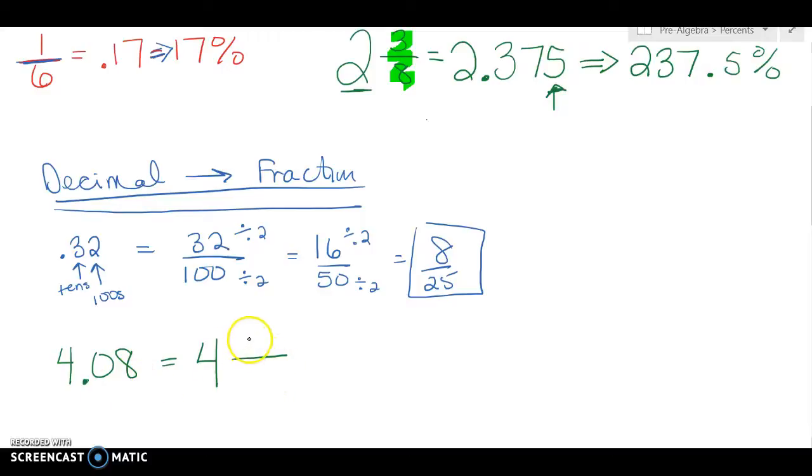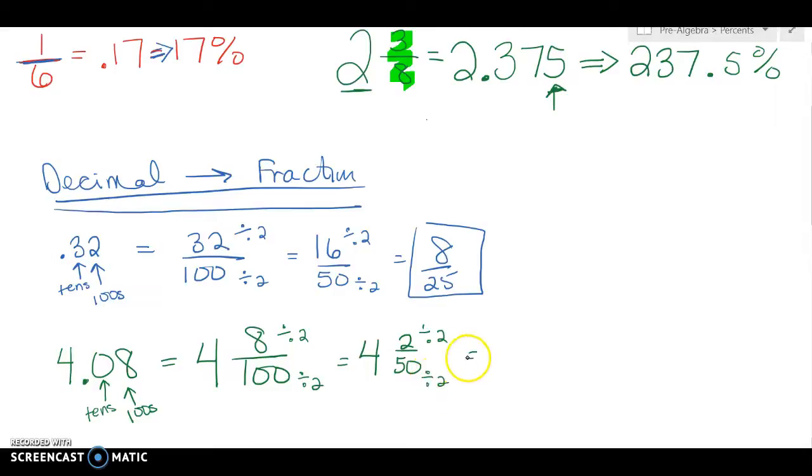I have to write 8, but again, this is tens, this is the hundreds, so that means it has to go over 100. And now I can reduce. And so I get 4 and 2 over 50. Well, I can reduce again. And I get 4 and 1 over 25.